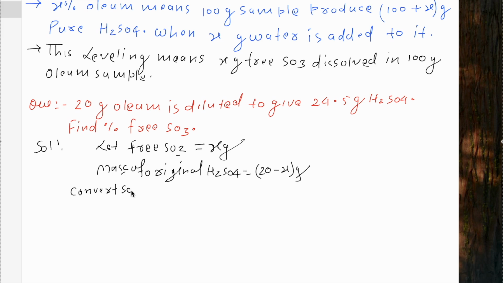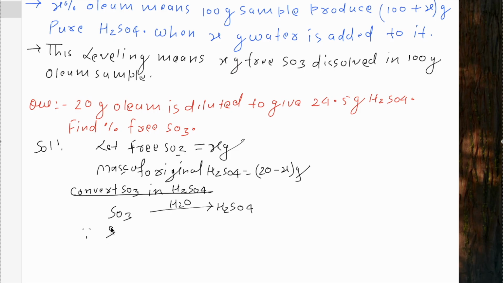Now convert SO3 into H2SO4. How can you convert? So see, do one thing. This is SO3. When we are adding the water, it will be converted into H2SO4.